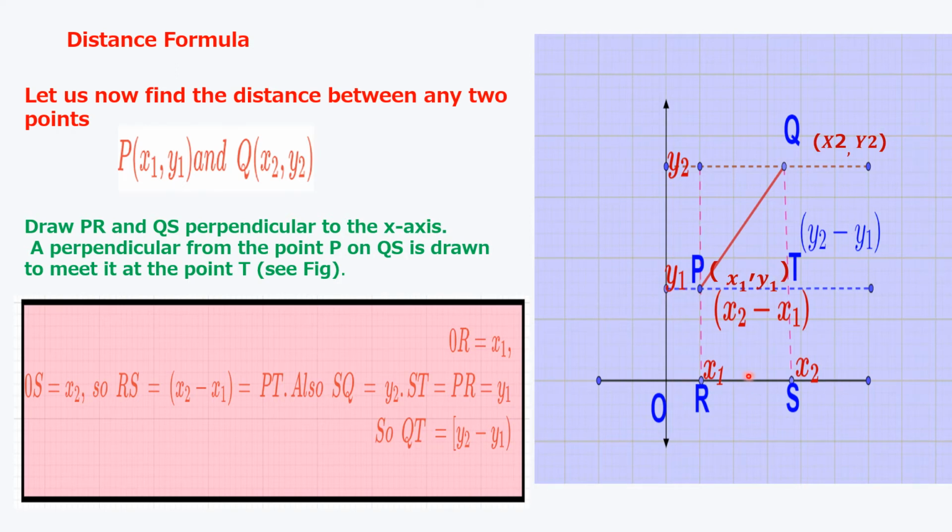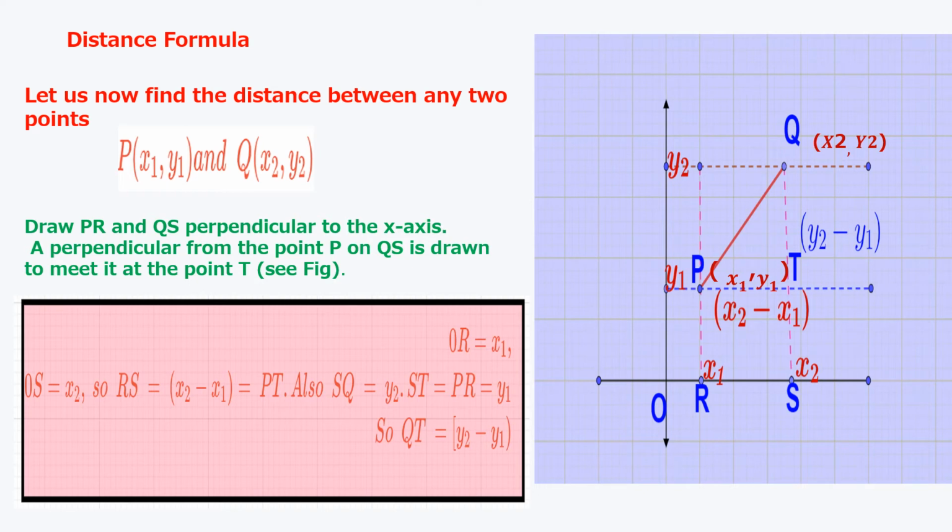That's why the distance OR will be equal to the distance from the y-axis to point P, and both will be x1. So what is RS? RS is x2 minus x1, and this RS is parallel to PT. Therefore, the distance of PT is also x2 minus x1.